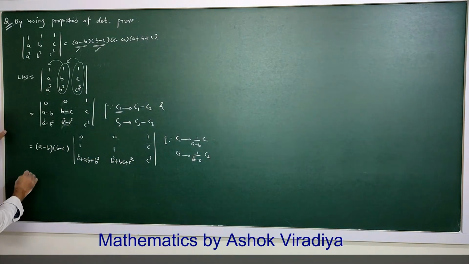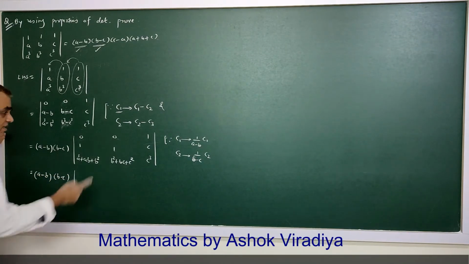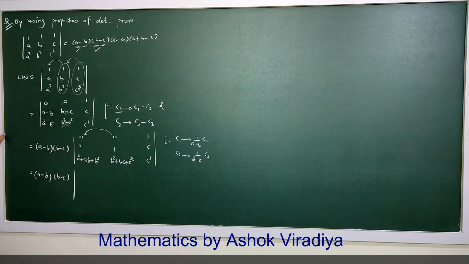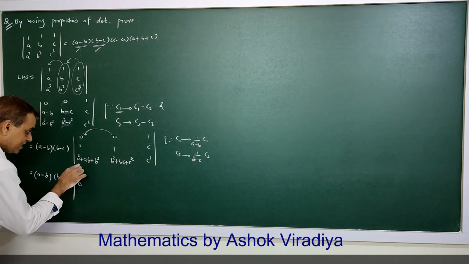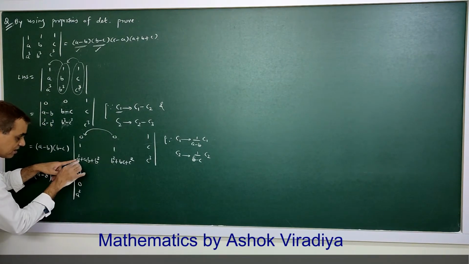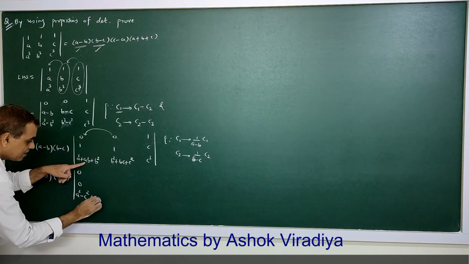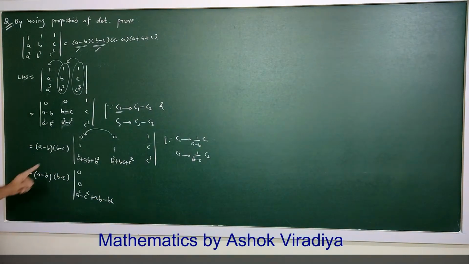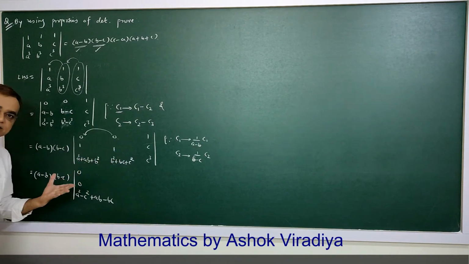See, once again subtraction, once again I am subtracting the second column from the first column. So here 0, here subtract 1, so 0, subtracting this, so b square is cancelled. So what is left? A square minus c square plus ab minus bc. b square minus b square cancels.